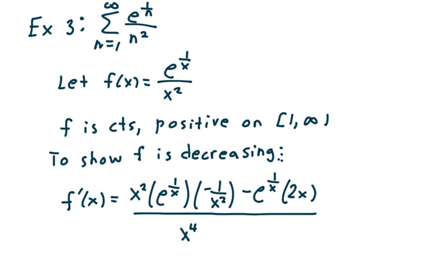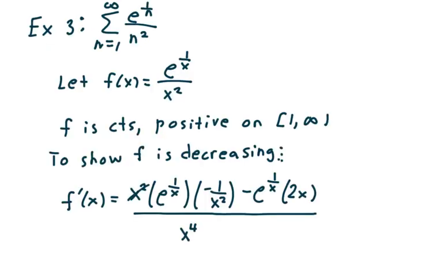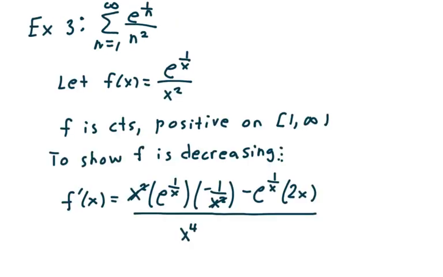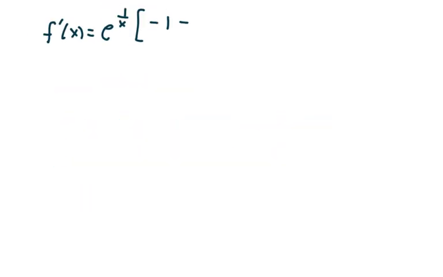So what I'm going to do is factor out an e to the 1 over x. So f prime of x is e to the 1 over x times, now notice how the x squareds cancel, right? And what I have left is negative 1 minus 2x, all divided by x to the 4th.